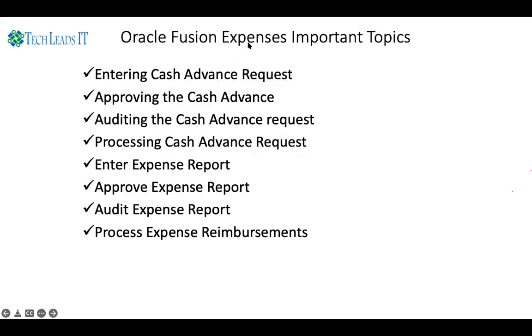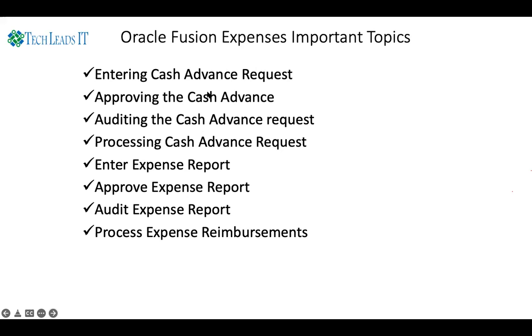Now going to the other module. Fusion Expenses is one of the latest and very powerful modules introduced, and it is used where employees apply for advances or go on business trips.